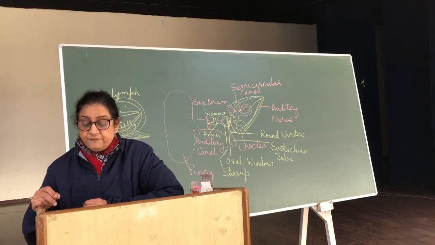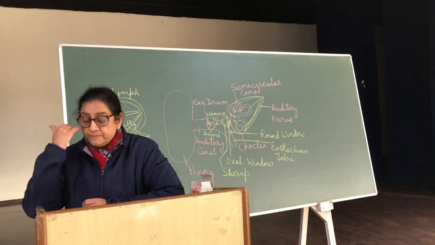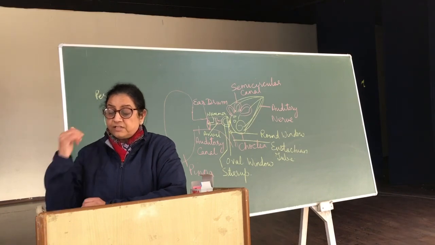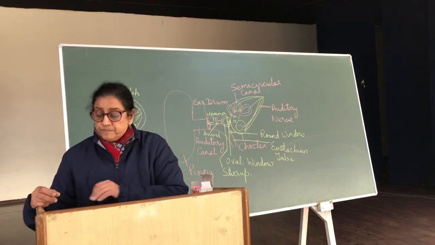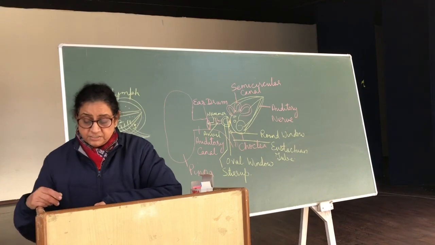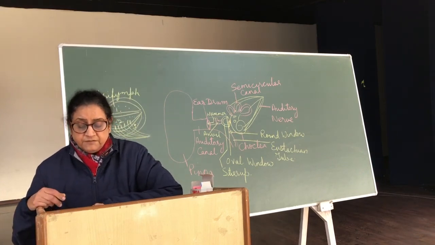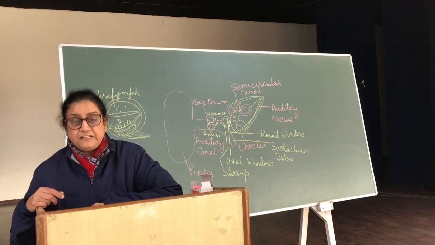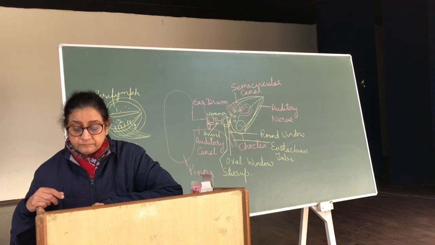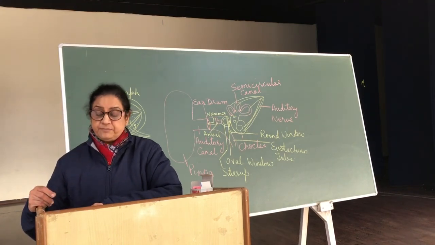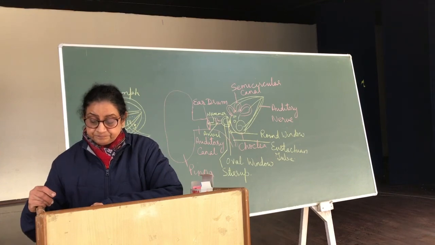So if you spin round and round, the fluid in the semicircular canals continues to spin for a short time even after you stop, and you feel dizzy. And at the same time your eyes perform to-and-fro movements caused due to stimulation of the semicircular canals.